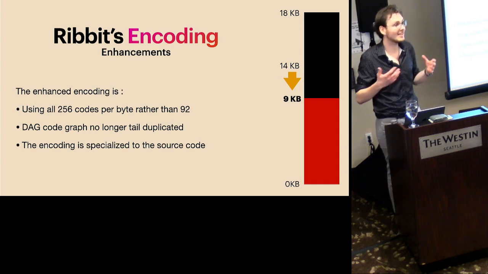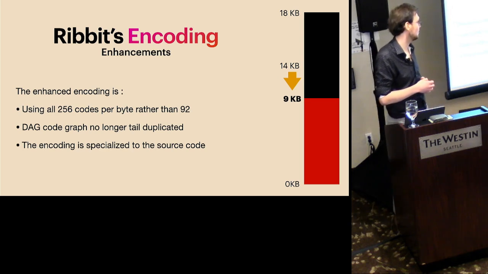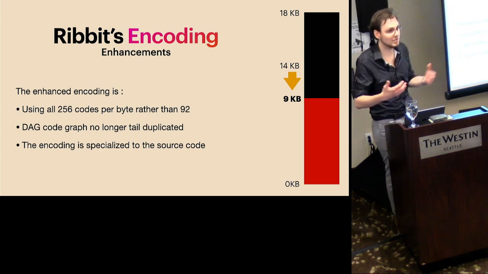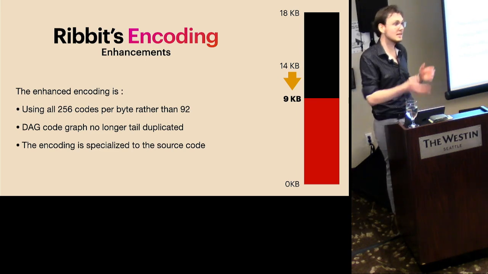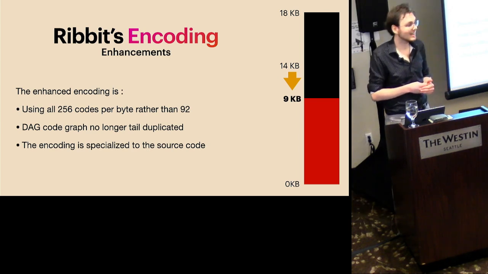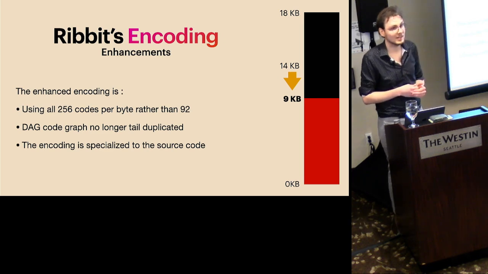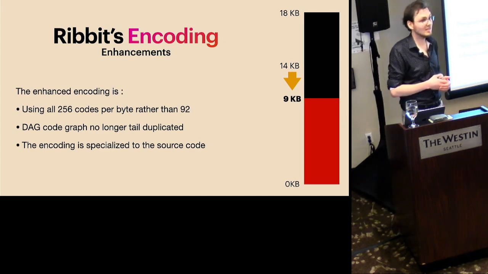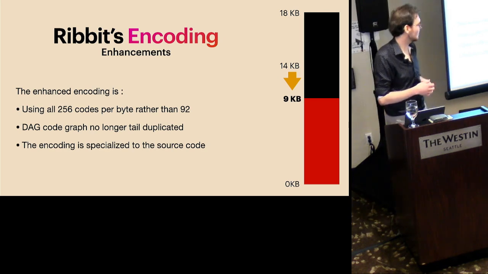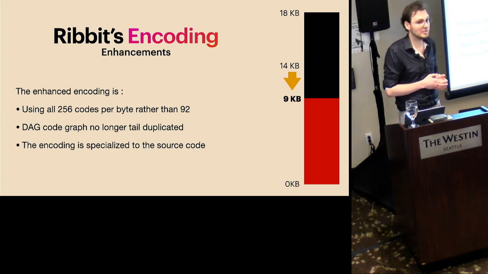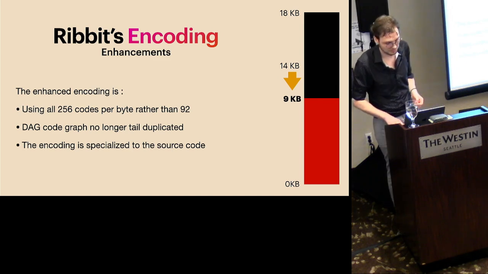This is because it doesn't take more space to represent this data inside those compiled hosts. Using the whole code range really improved the compression rate. The other thing is that the decoding instructions I showed you cannot represent a directed acyclic graph. They can only represent a tree. This has some issues, and we'll go over how we fixed it. Also, the encoding is not specialized to the source code, so we now have a new encoding that can be specialized to the source code.